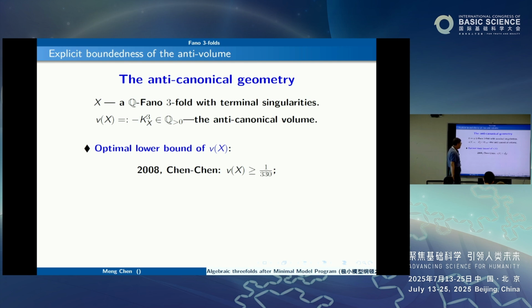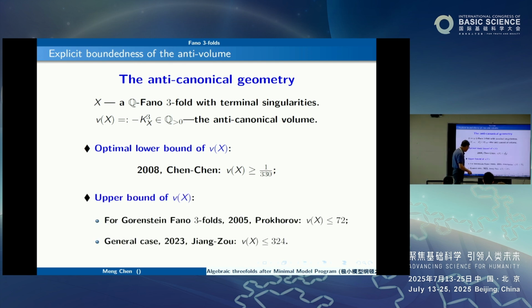Actually, using threefold theory, especially weighted basket theory, in 2008 with Rong Kai Chen, we first proved that the anti-canonical volume of a Q-Fano threefold has the lower bound 1 over 330. This is the optimal lower bound. I say it's optimal because there is an example.